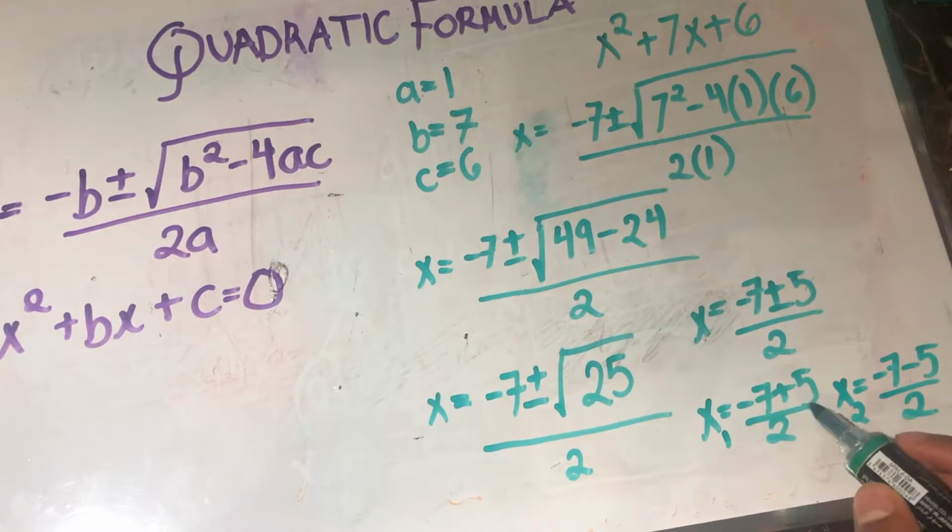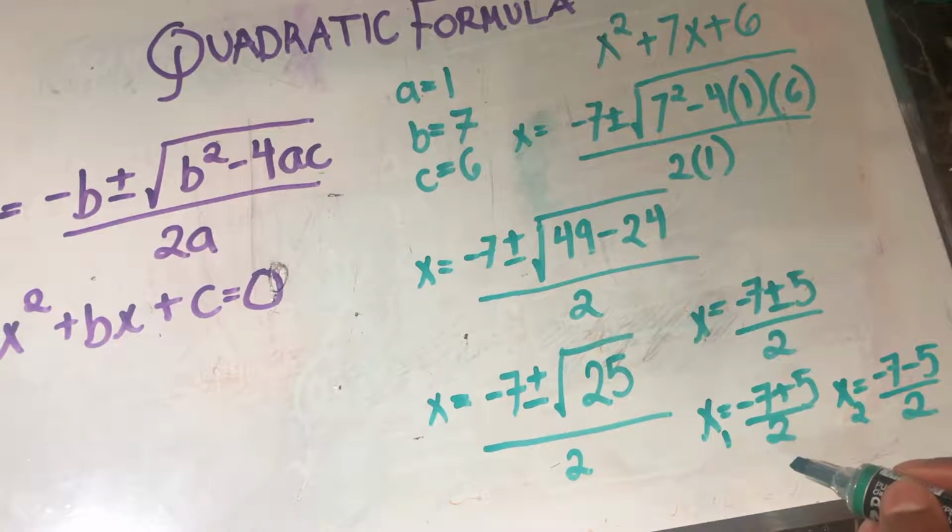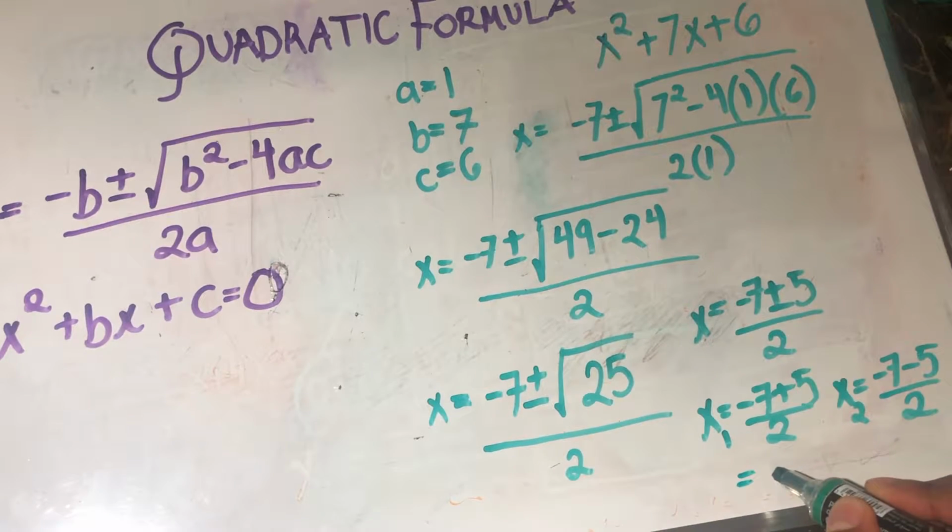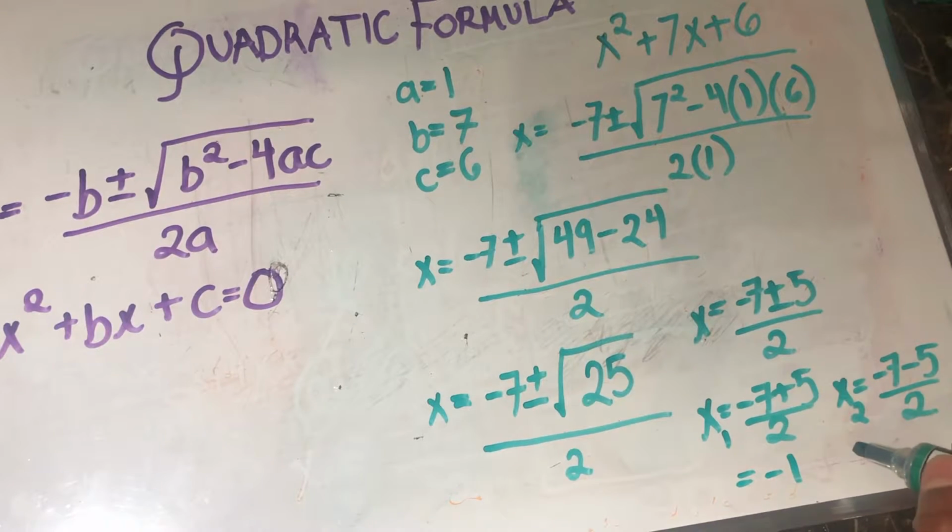Negative 7 plus 5 is going to give you negative 2, and negative 2 over 2 is going to give you negative 1. For our second solution, we have negative 7 minus 5, which is negative 12, and negative 12 over 2 is going to give you negative 6.